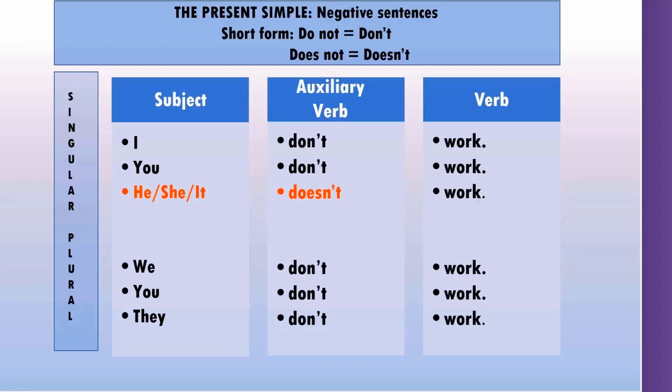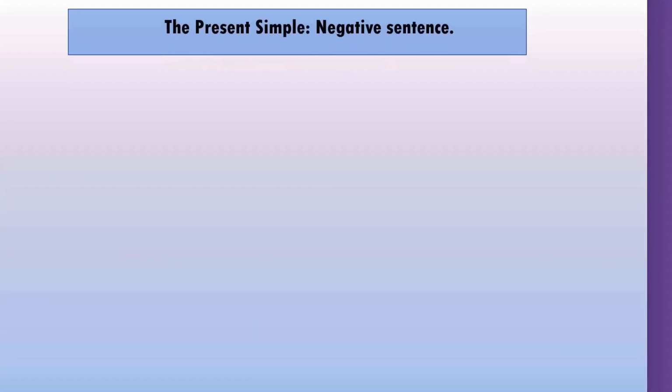Remember, for positive sentences, it's the main verb that changes, but for negative sentences, it's the auxiliary verb, the helping verb, where the verb changes. Let's do some practice with a negative sentence.